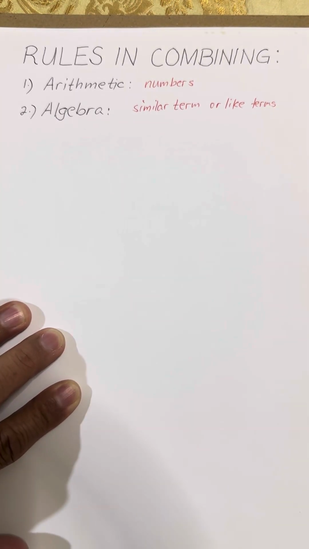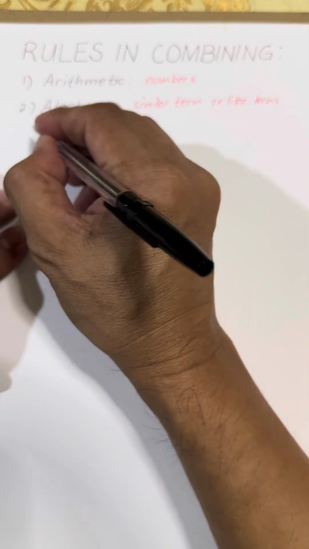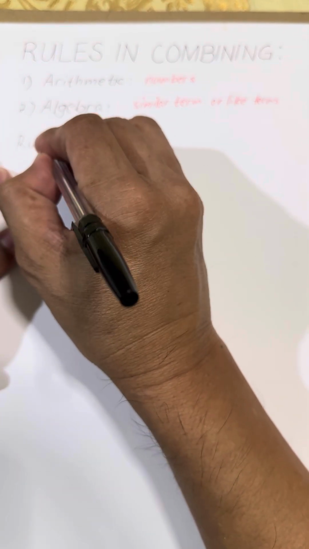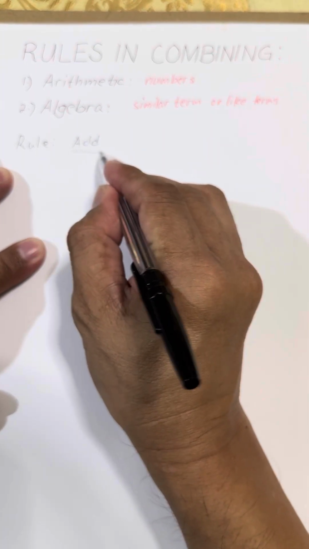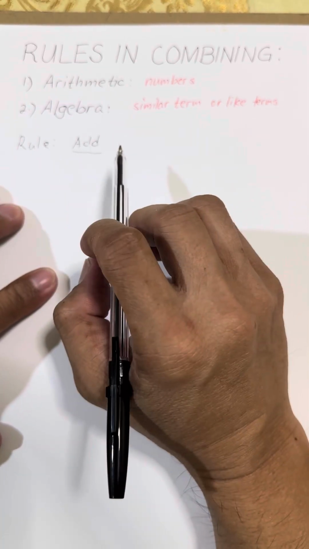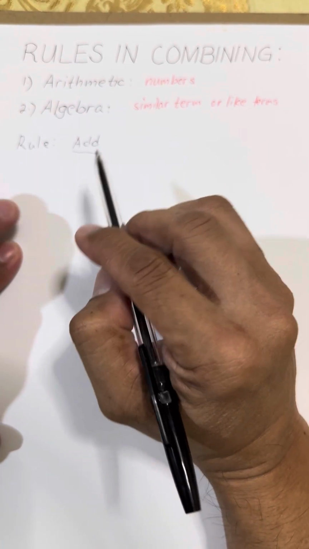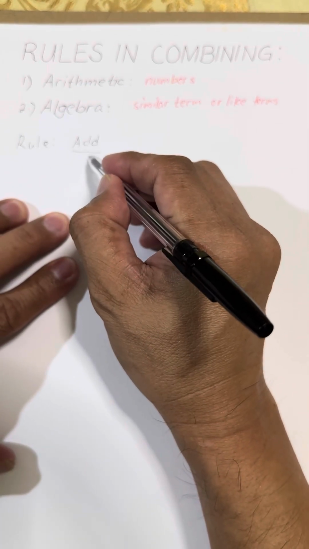Okay, so as I mentioned in a previous video, there's only one rule in combining. The rule is only one: you just add. Whether you're doing arithmetic and you combine numbers, you just add. Now, under this rule, add, there are two possibilities.